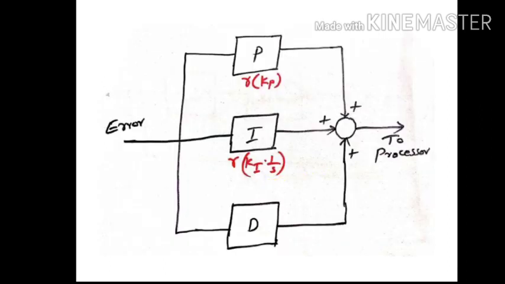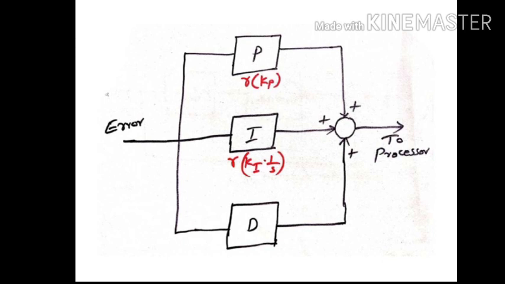Here is the basic diagram of the PID controller, which contains three parts: P for proportional, I for integral, and D for derivative. The error which we need to minimize is fed to these three blocks, processed, and added.